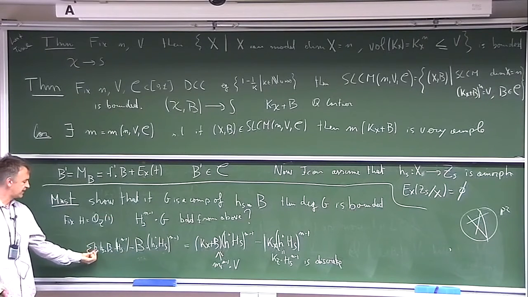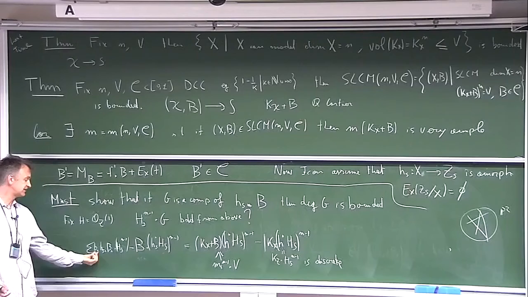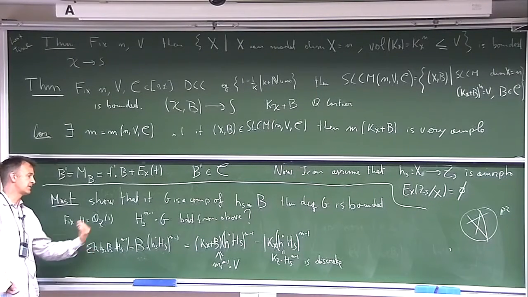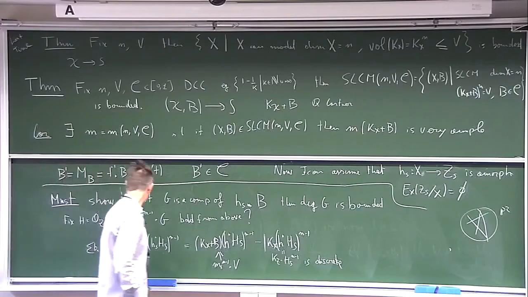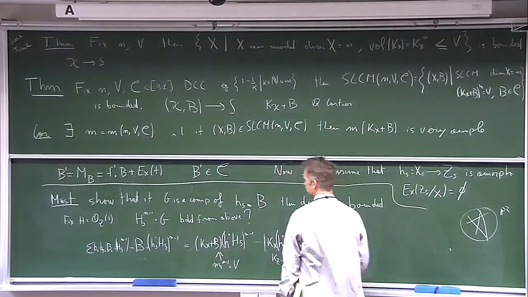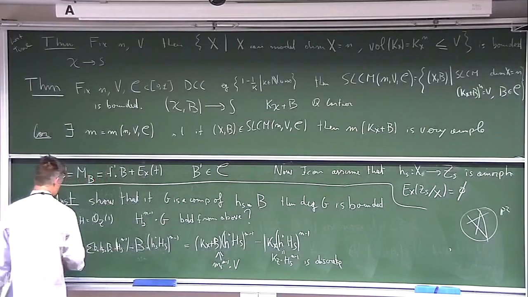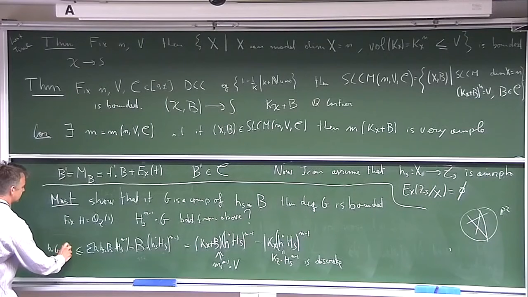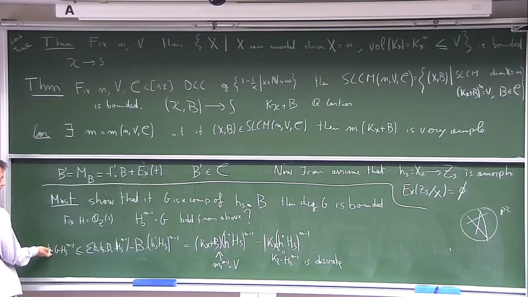But now these coefficients are in a DCC set, so they're bounded from below. So I can divide by the minimum of these coefficients. So it follows, the upshot is that this is greater or equal to b_i times G times H_S^{n-1}. And this b_i is bounded from below, so that gives me a bound for this degree of G.